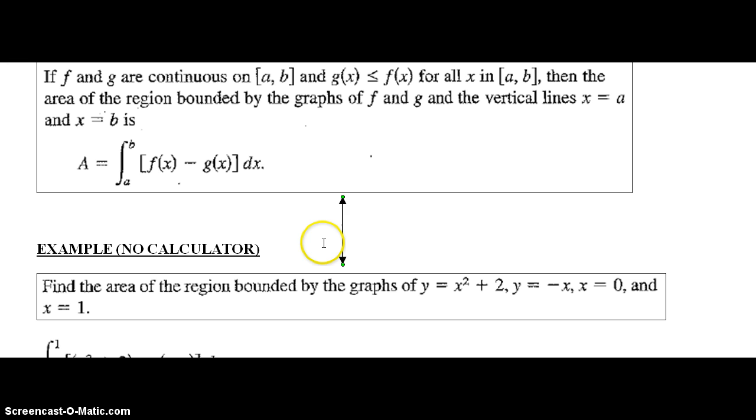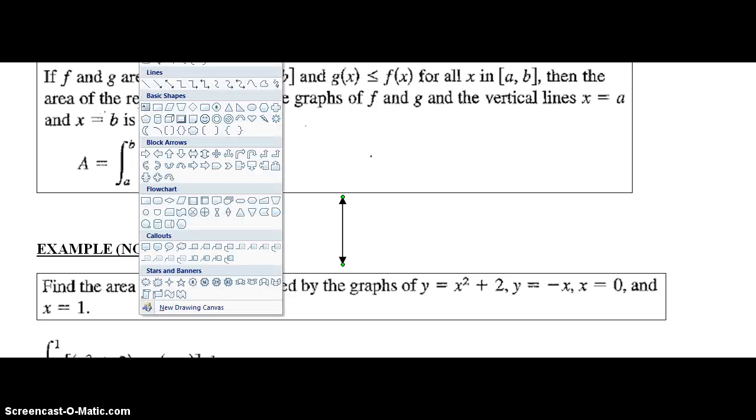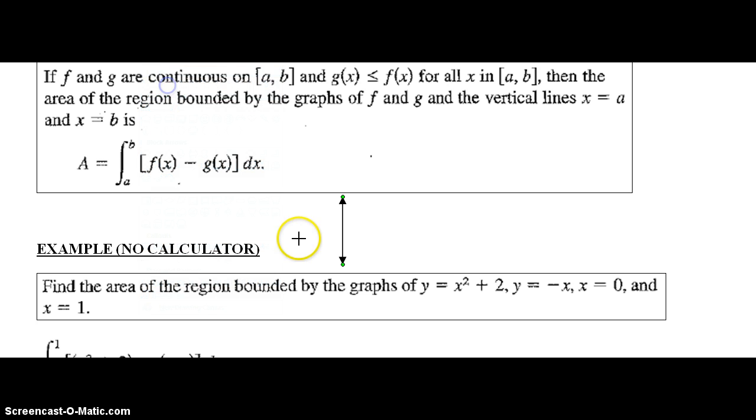The first thing I'm going to do is get myself a coordinate plane. And I'm going to be strategic about how I make my coordinate plane here.